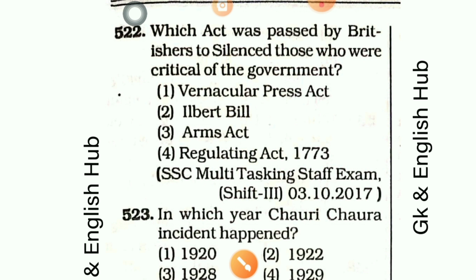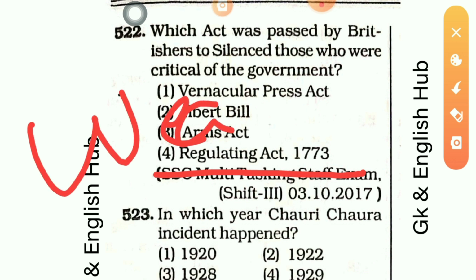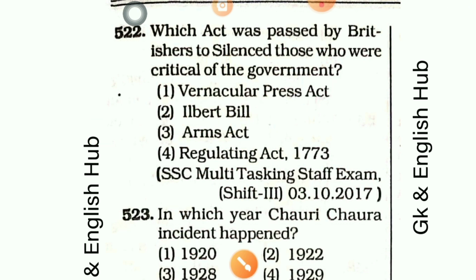Okay. Next, it is the Regulating Act of 1773. It was introduced by the then Governor General, Warren Hastings. And at that time, as you know, after the Battle of Buxar in 1764, East India Company's servants indulged in corruption.